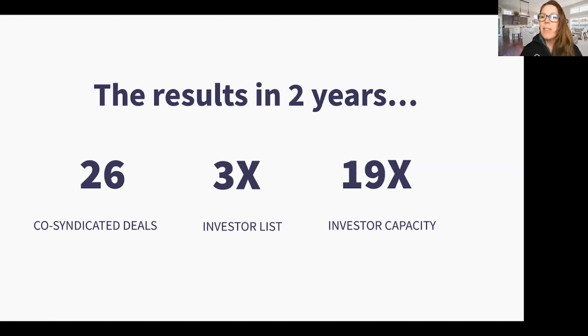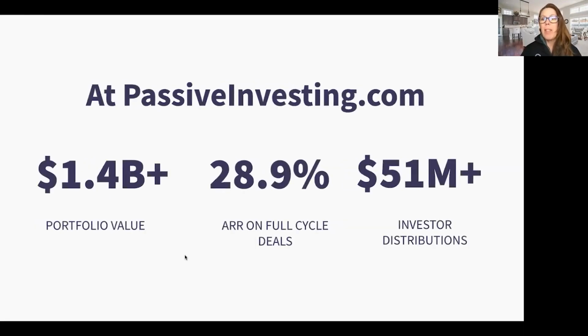They knew us, they loved us, they trusted us to do repeat investments. And that is something we have been able to bring into the passiveinvesting.com world, as you can see with our numbers here.